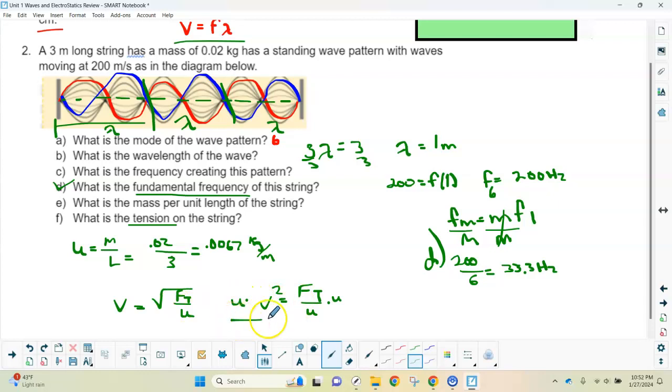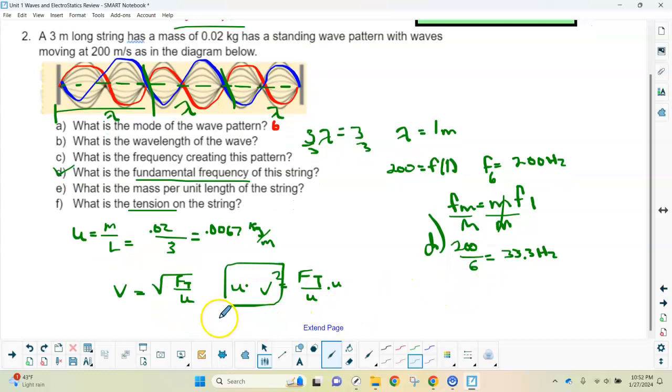So this is what I need to put in my calculator: that 0.0067 number, multiplied by the speed, which is 200 squared. If you do that, you'll get the tension is equal to, I got, 267 newtons. That is what I got for the tension on that string.